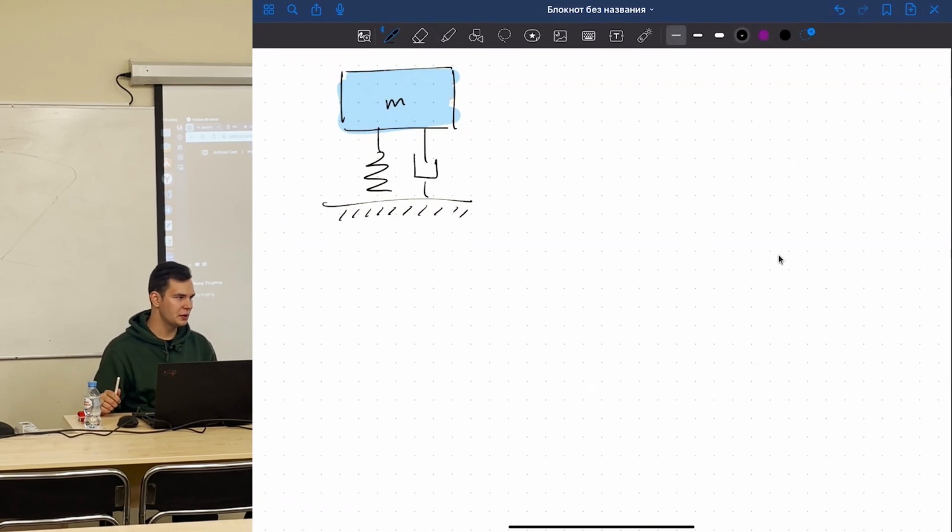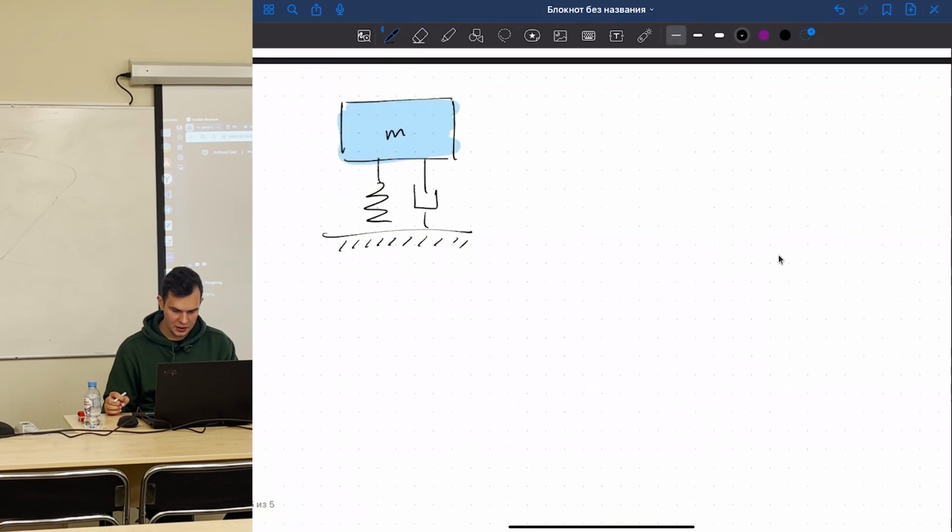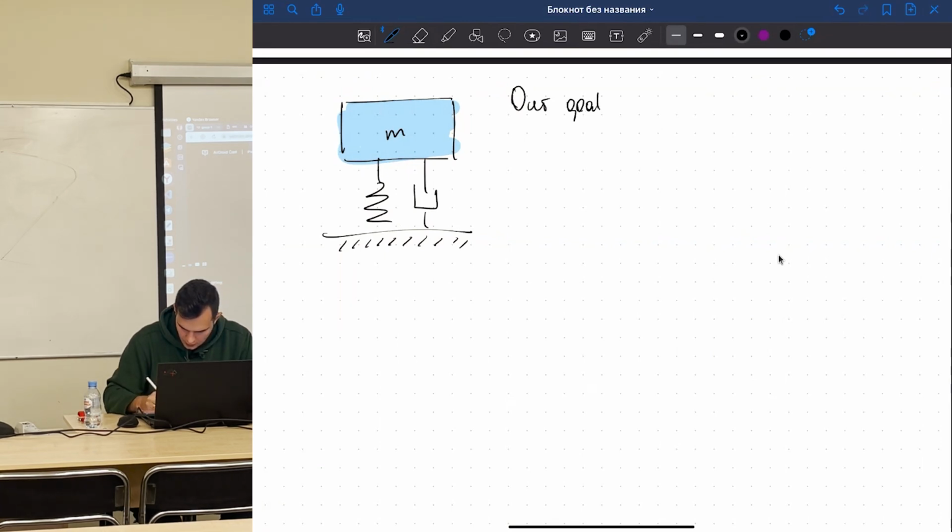Constraints can be treated as a mass spring damper. So it is a pretty common structure, and this is why we will tackle this. Okay. Let's assume that we would like to make a model. So our goal is to make a model.